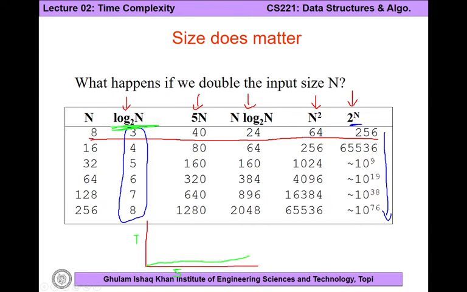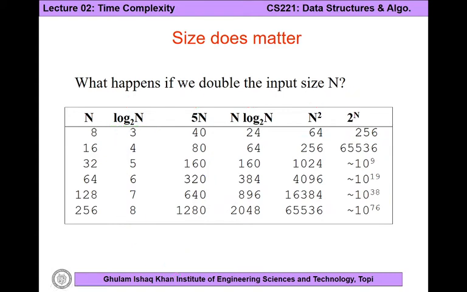As the input size increases, its time requirement increases, although this increase is very minimal or slow. Whereas for the exponential, as the size of the input increases, it goes from here to here, right? So for a minor increase in size, there is a huge increase in the number of steps or the execution time. So we need to write good code.